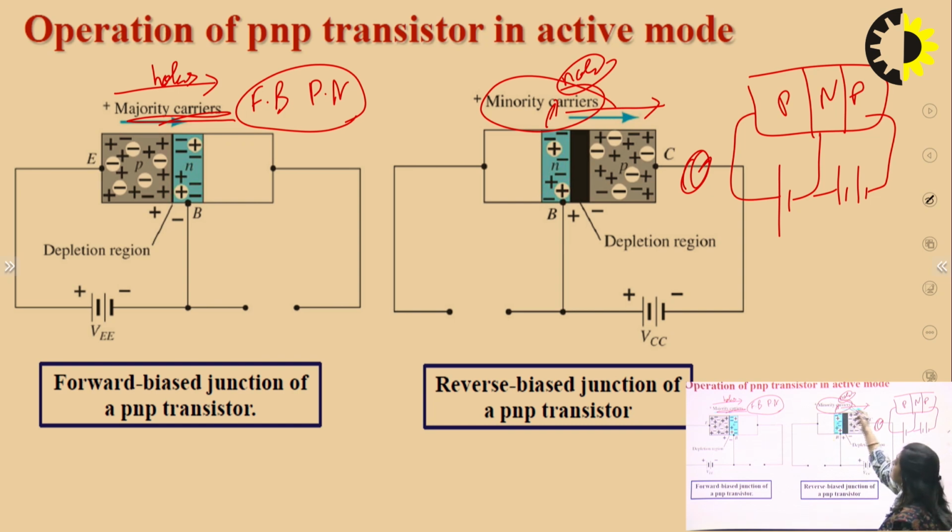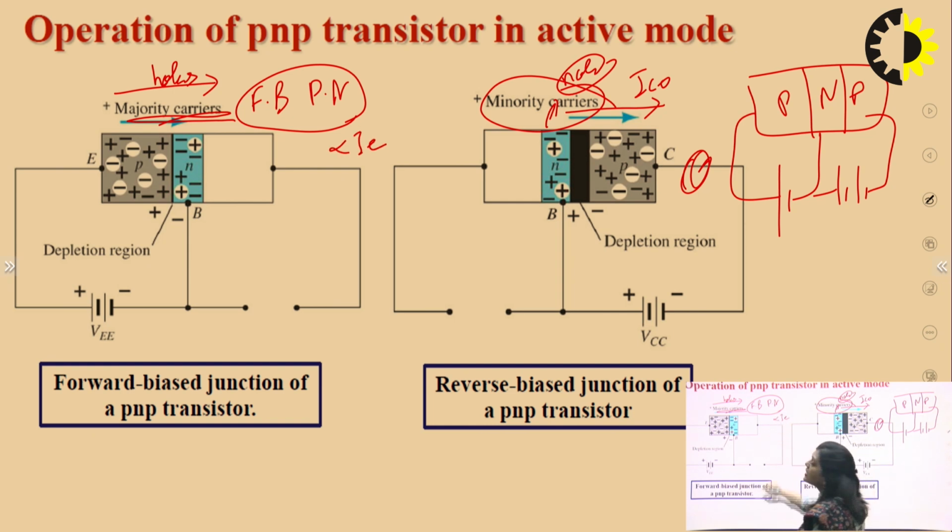The minority current is indicated by ICO, and the majority current is indicated by alpha I. Alpha means that when majority charge carriers come from the emitter to the base, some of them will combine with the electrons present in the base and form the base current, and the rest of the holes will be collected in the collector side.